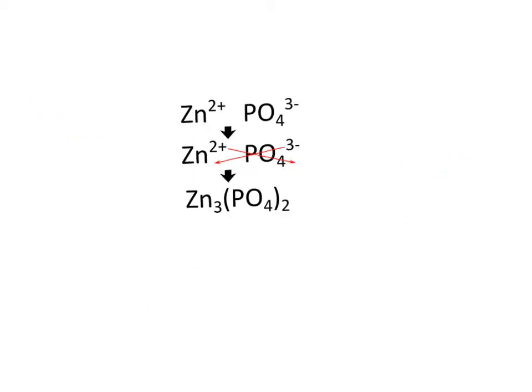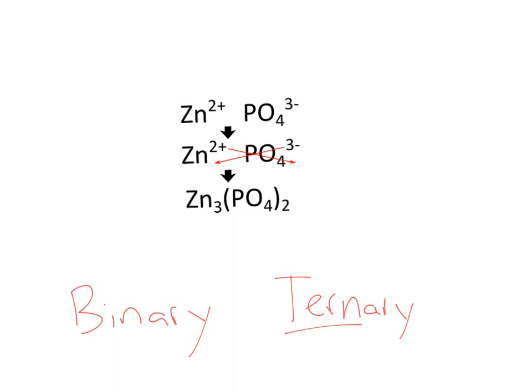So now you might be saying, okay, I can do binary ionic compounds with either transition metals or elements that continue to have the same charge. But what about when we're doing ternary compounds, which means three, which means more than one element? It's not always 3 though, sometimes it's more.